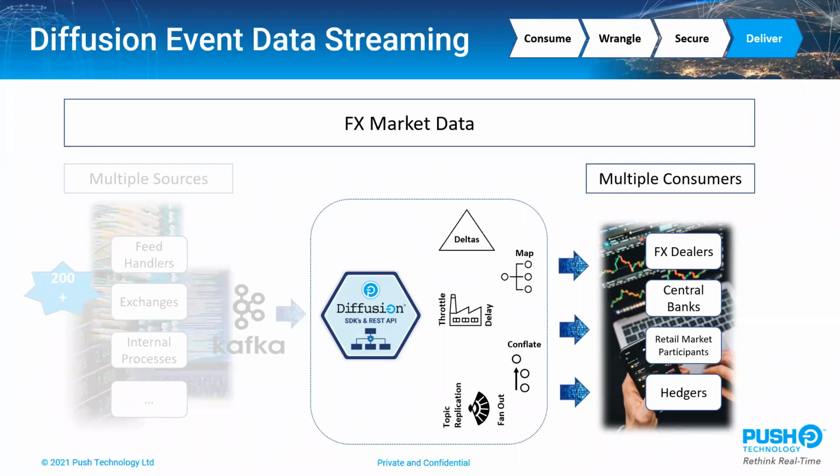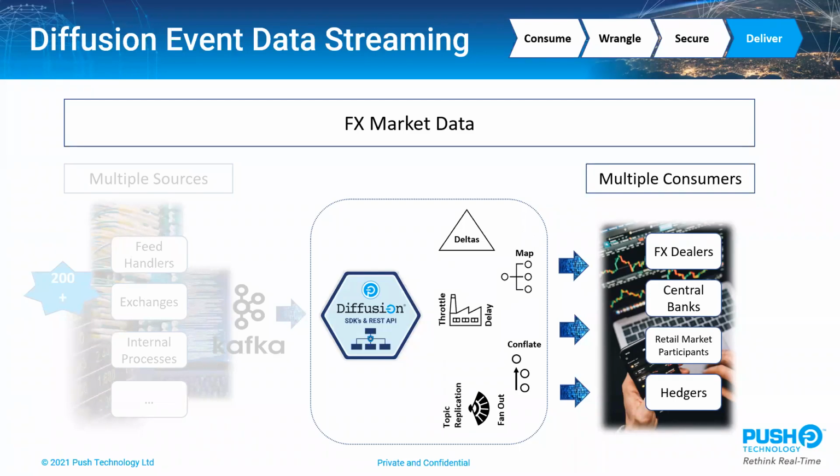And then when I spoke about the diversity of environments, on-premise, in cloud, as a service, Diffusion natively has topic replication services. Now this enables a lot of use cases. It enables topics to be synchronized across multiple different deployments, no matter what infrastructure you have, no matter how hybrid it is, and allows you to create fan-out strategies for distribution of data to a large number of concurrently connected users using our topic replication services.